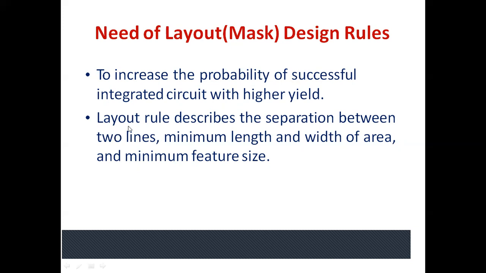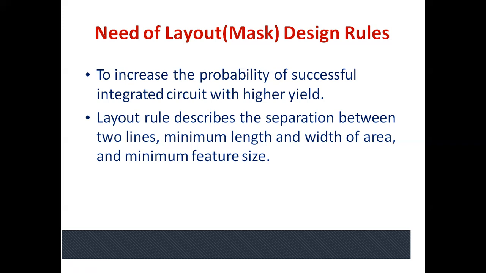Then another need is that layout rules describe the separation between two lines. Because we are fabricating billions of transistors, millions of transistors, when we fabricate billions of transistors, two transistors are close to each other.